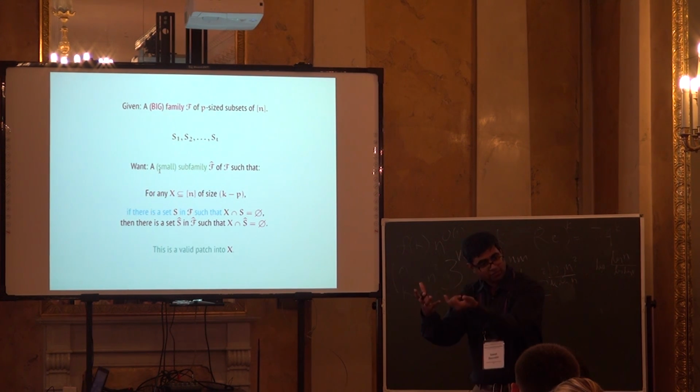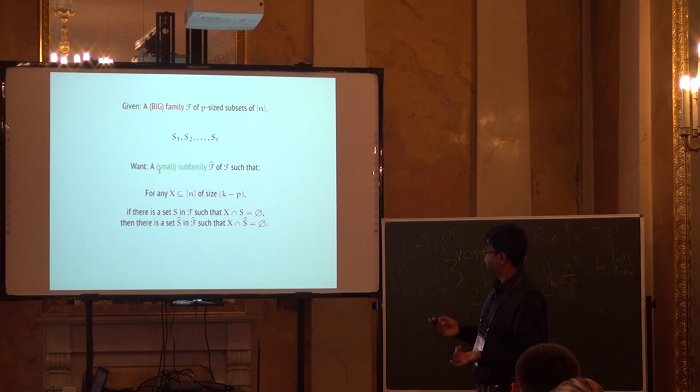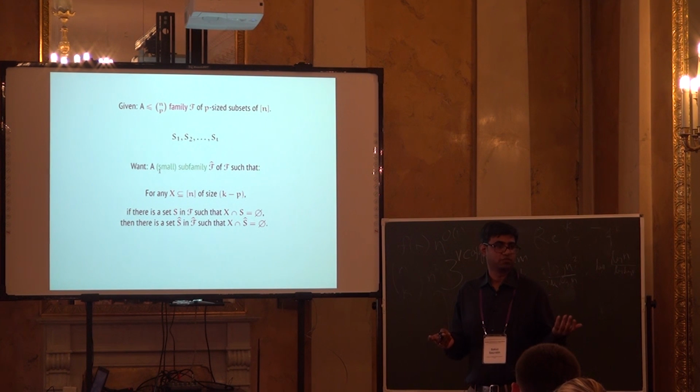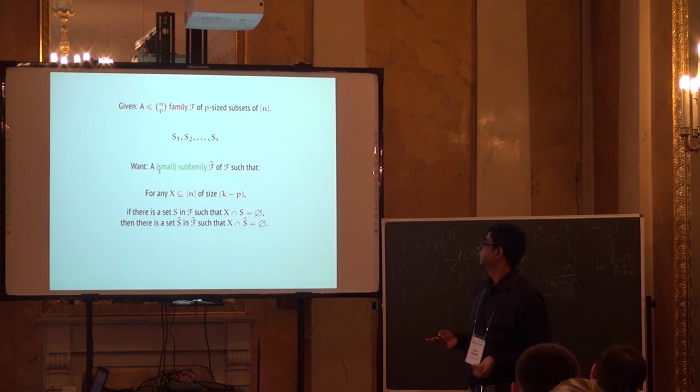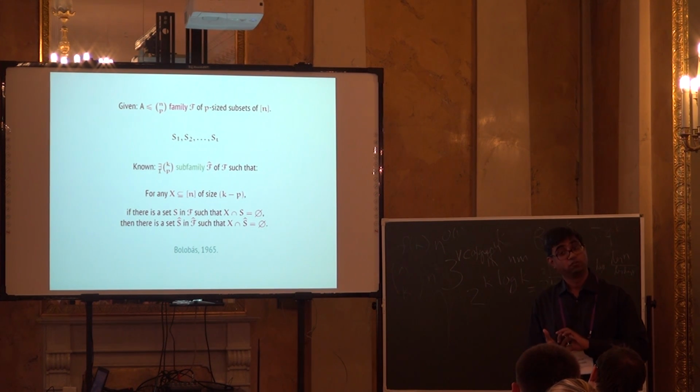If there is a way to patch them, then there is a guaranteed replacement to patch them. That is the whole goal. And small will mean k choose p, while the whole family is at most n choose p.